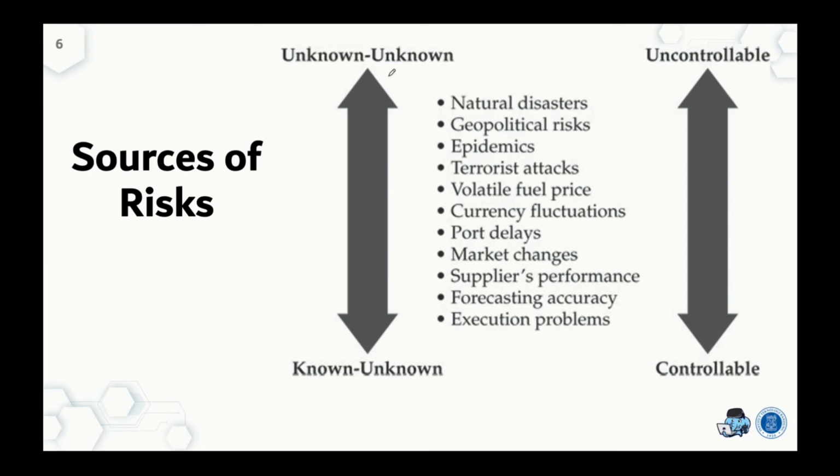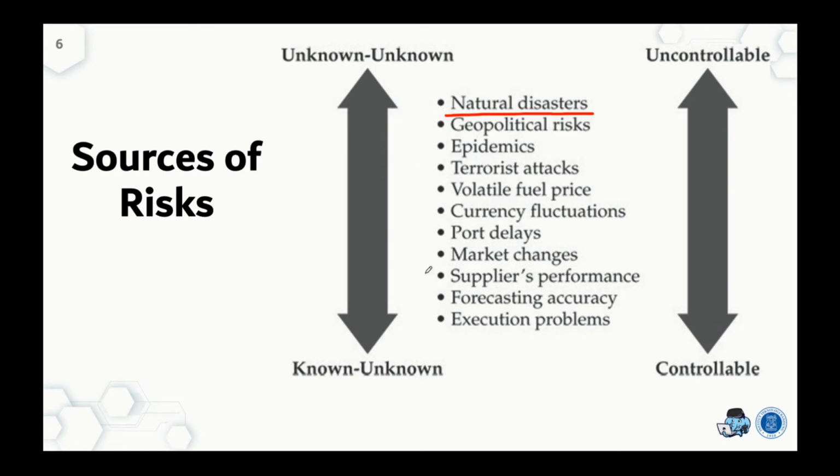The source of the risk in this case can be something unknown to us, for example a natural disaster. When a natural disaster occurs, we don't know in advance. And then there are geopolitical risks: epidemics, terrorist attacks, volatile fuel prices, and so on.